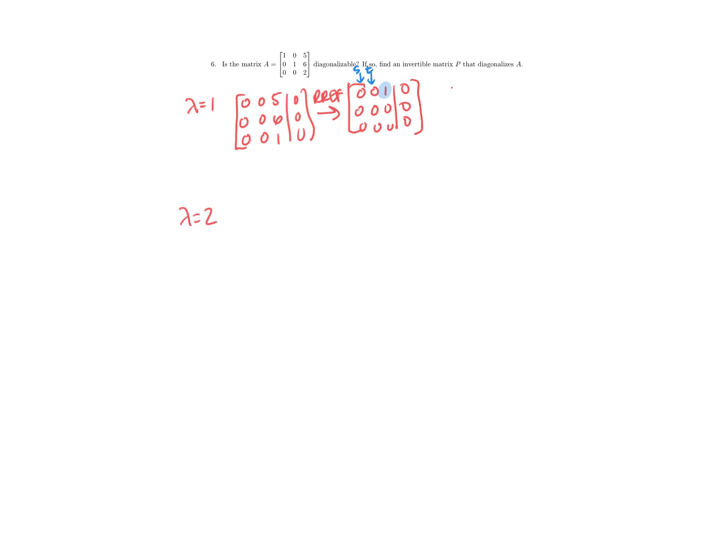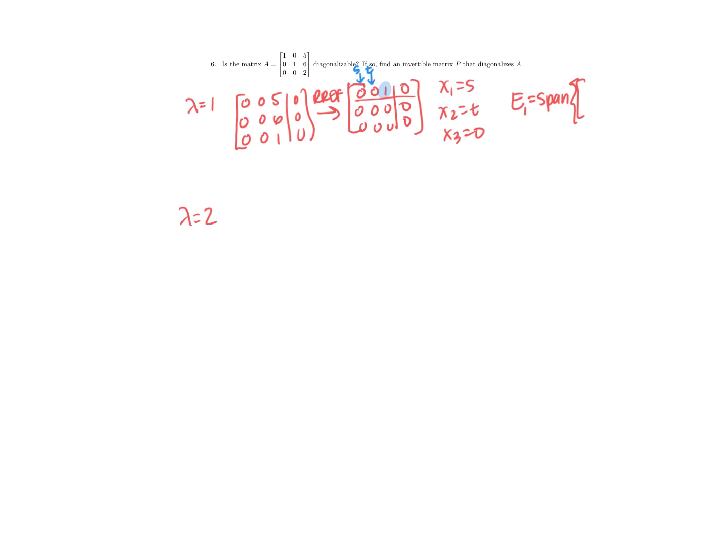So x1 is equal to s, x2 is equal to t, and then this equation here tells me that x3 is equal to 0. And so the eigenspace associated with 1 is equal to the span of the vectors.